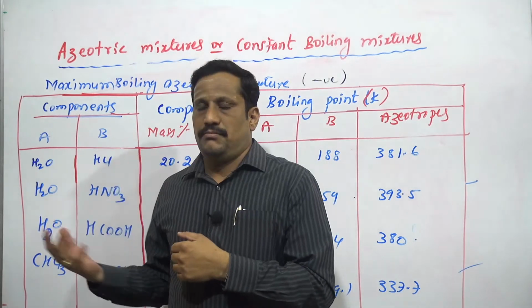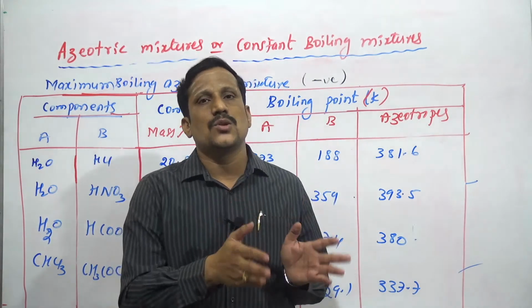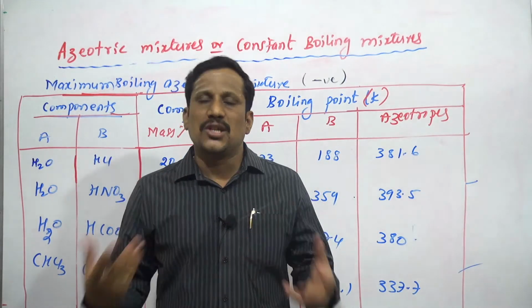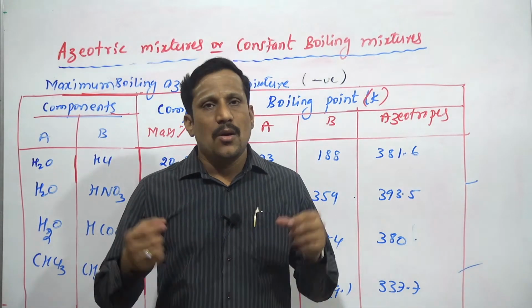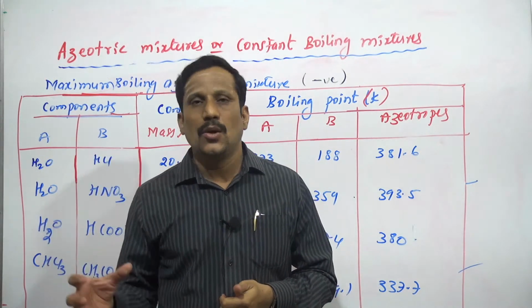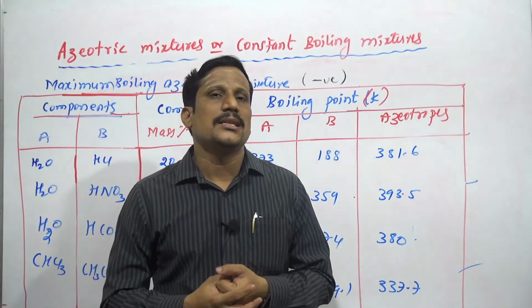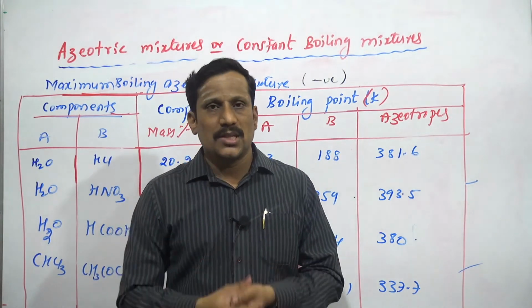Then azeotropic mixtures: what is the composition of the so and so component in the mixture to form an azeotropic mixture? You should know what is the percentage of that solute we are adding into a solvent, right? So this is there in your test syllabus. All the best for tomorrow's exam.